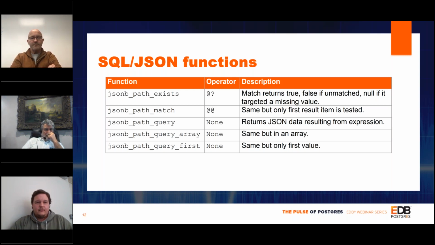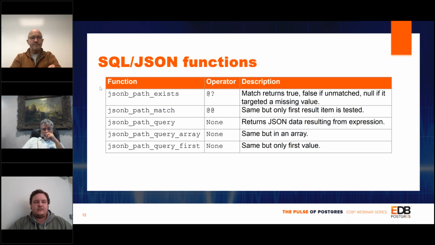To start off, I'm going to skip ahead to this middle line, JSONPath query. This is the one that I suspect most people will end up using. So that's probably the one to look at first, but I'll cover all the functions here.